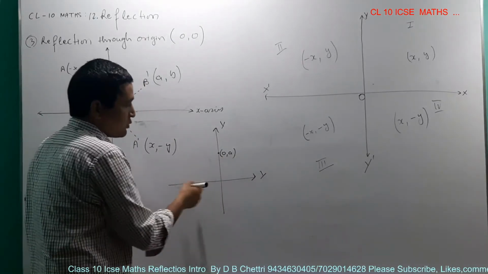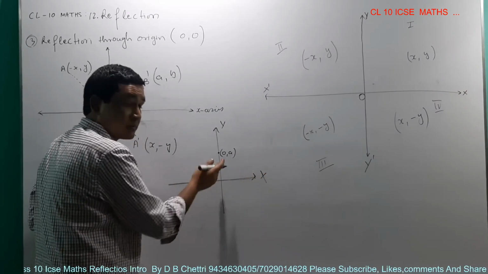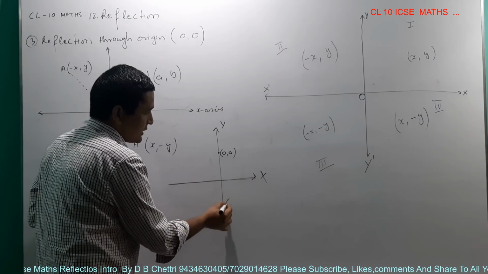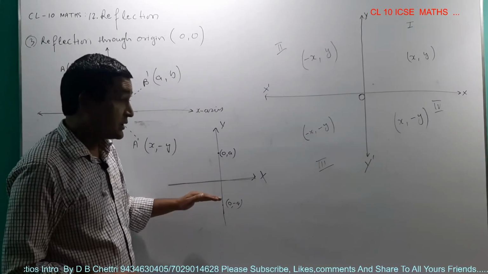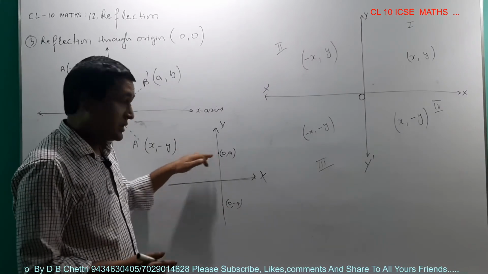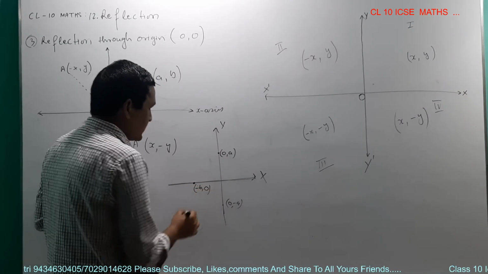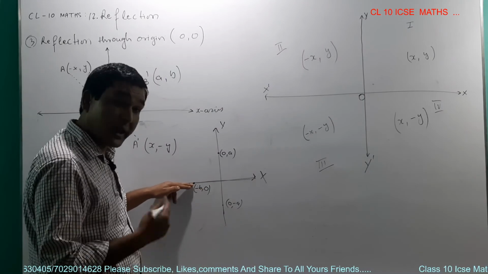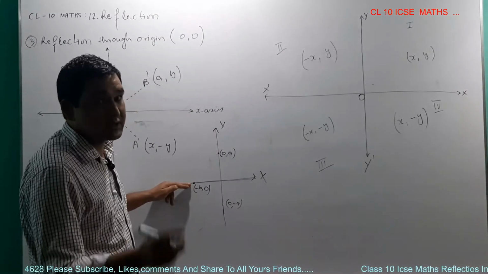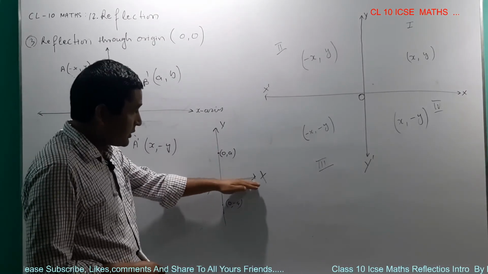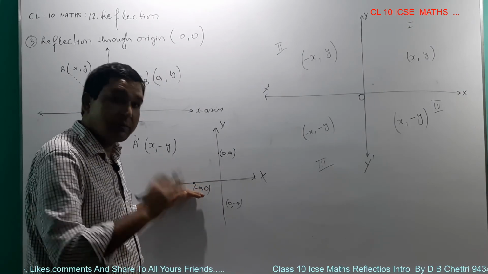But if it is reflected through the x-axis, then it goes somewhere here, and its coordinate is minus a. Then its coordinates change. Now suppose the point is on the x-axis, say minus b comma 0, and it is reflected through the same x-axis.